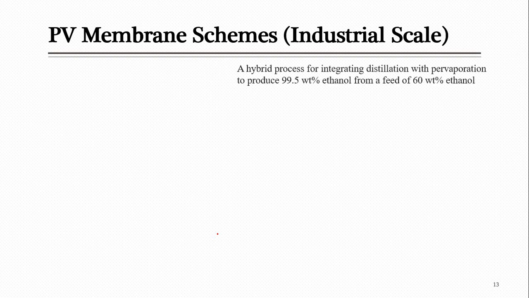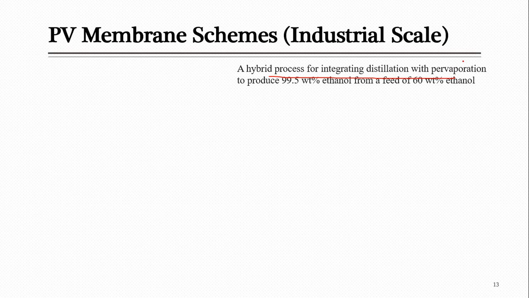Let's look at some pervaporation membrane schemes which are used on industrial scale. Sometimes they are used separately, sometimes they are used in combination with various other techniques. Like here there is one use for a hybrid process integrating distillation along with pervaporation.